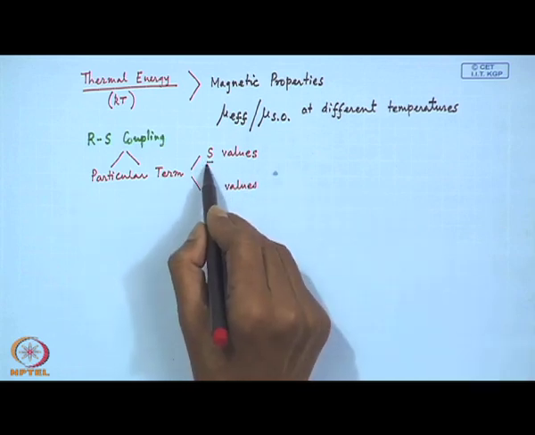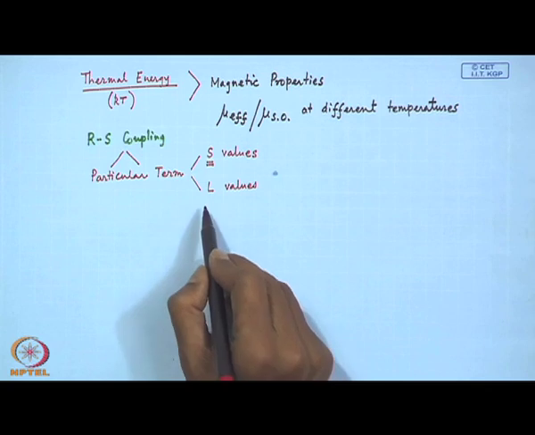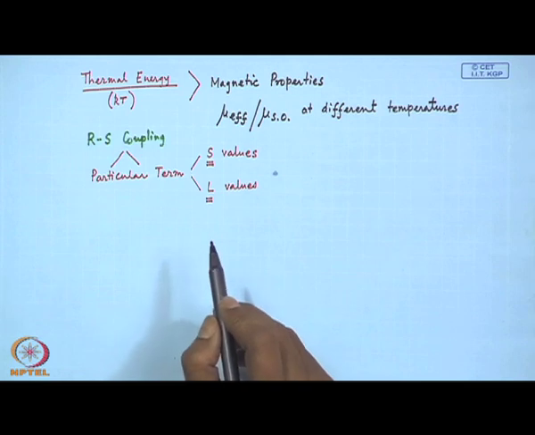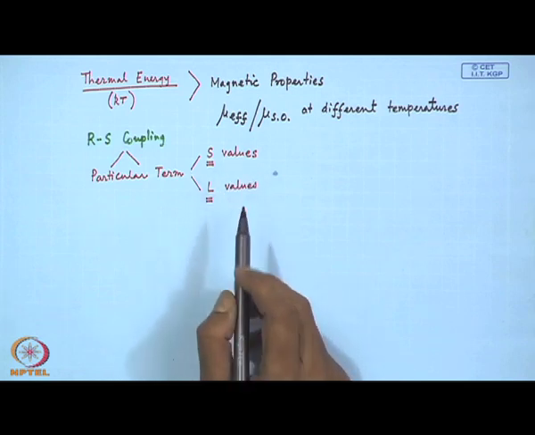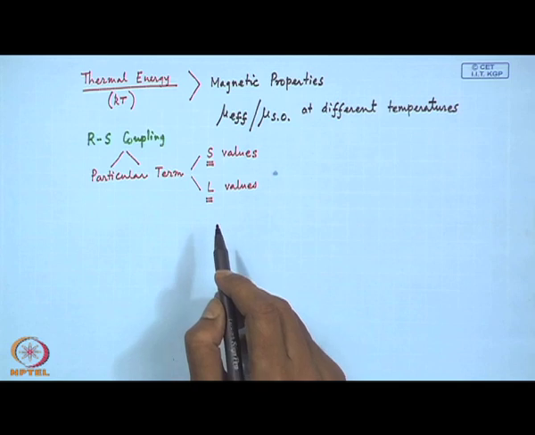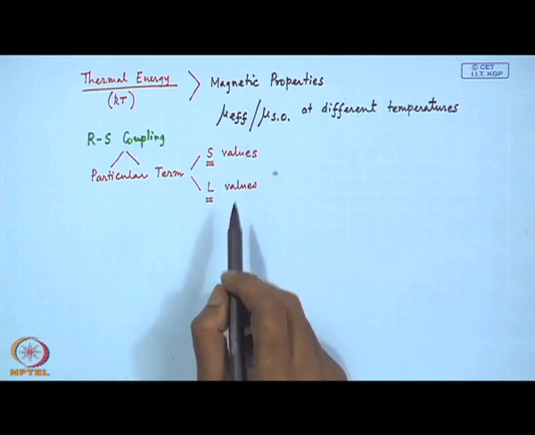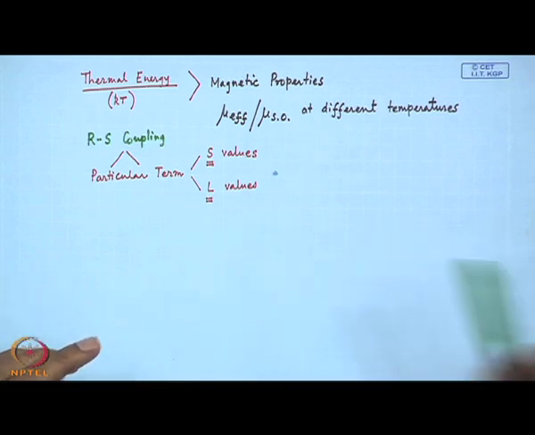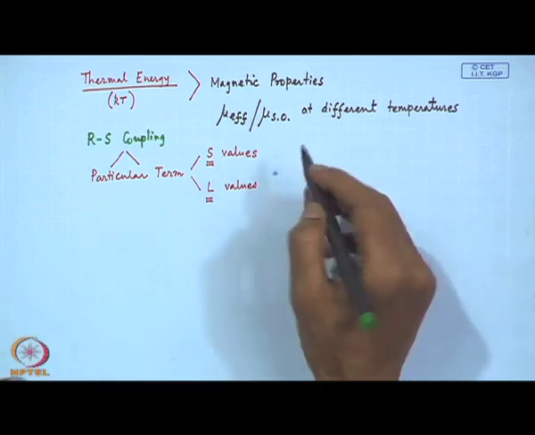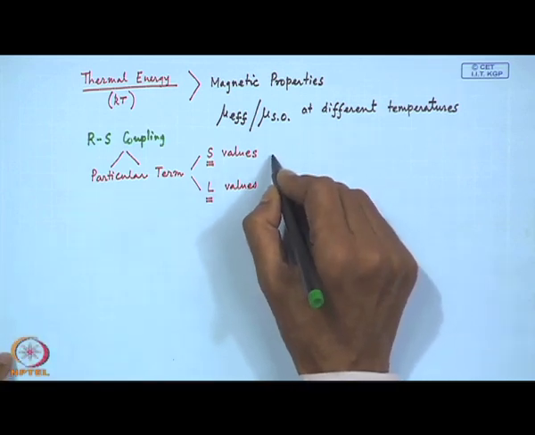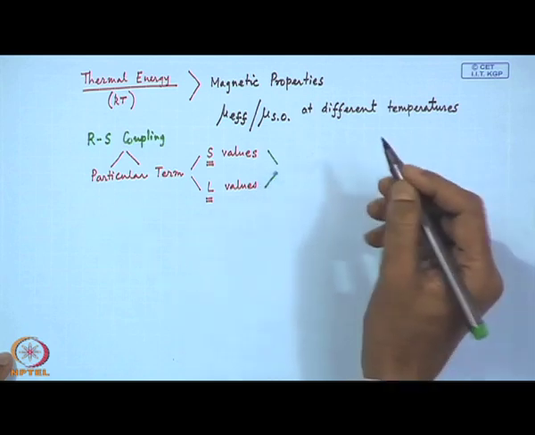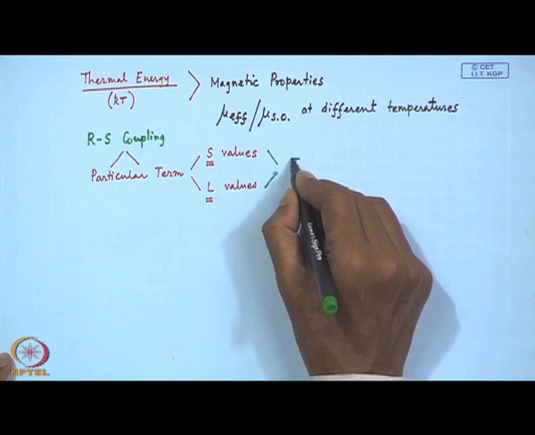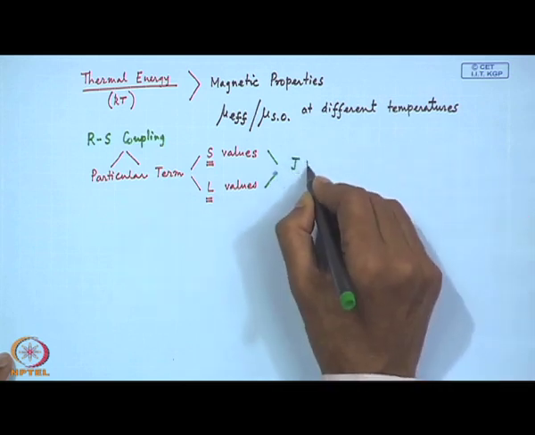The S value is due to the number of unpaired electrons, and the L value is due to the orbital motion or orbital angular momentum, which can contribute to the magnetic moment. So for a particular S value and a particular L value, contributing to the spin magnetic moment and the orbital magnetic moment, through these two L and S values we can have the corresponding coupling scheme, which we consider as the J values.